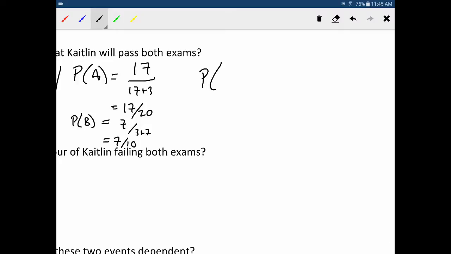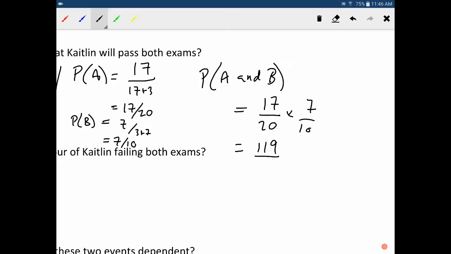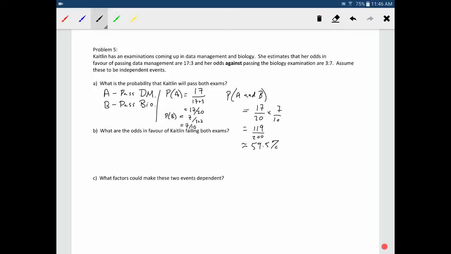So the probability that she will pass both data and bio, I did it as fractions earlier, so let's just leave it how we're doing it. We'll have 17 over 20 times 7 over 10, which is going to give us 119 out of 200, which equals 59.5%. Okay. And there we go.